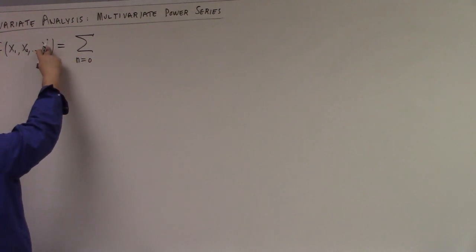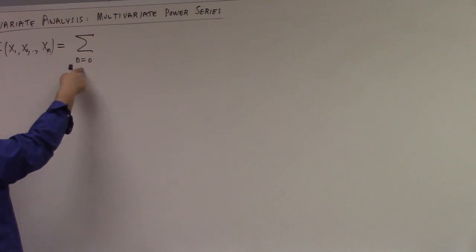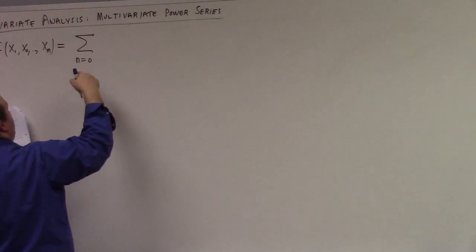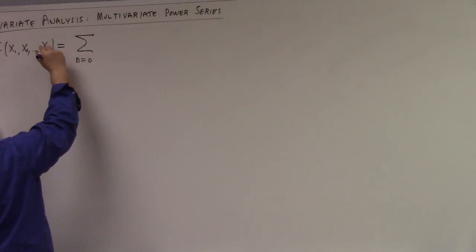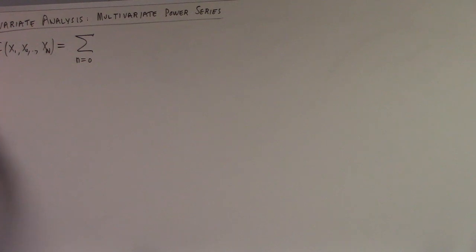Let me put an m here, if you don't mind, because I don't want this n and that m to be the same. So oh, you know what I'll do? I'll do something more annoying. I'll use a big N for dimension here. There we go, big N. This is f from big R^N to R, because I do like to use the n for the power series.